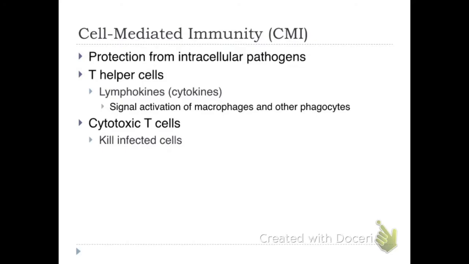T helper cells are capable of producing lymphokines or cytokines, which we could consider as a form of communication among the different cells of our immune system. So this form of communication could be in the form of cytokines or lymphokines. And then the cytotoxic T cells could kill infected cells.